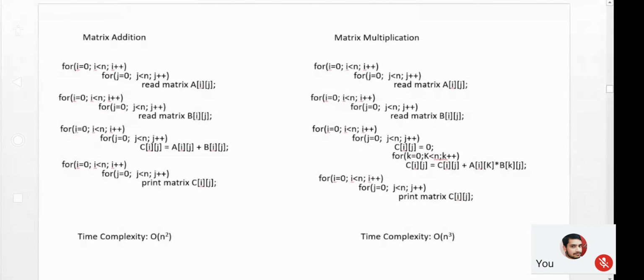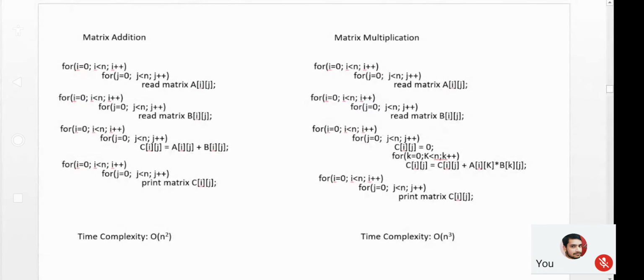So if the loop ranges from 0 to n by 2, then also we have to say the time complexity of that algorithm is order of n, not order of n by 2, because asymptotically n by 2 and n are the same. Asymptotically 4n square, 100n square, and only n square are the same.